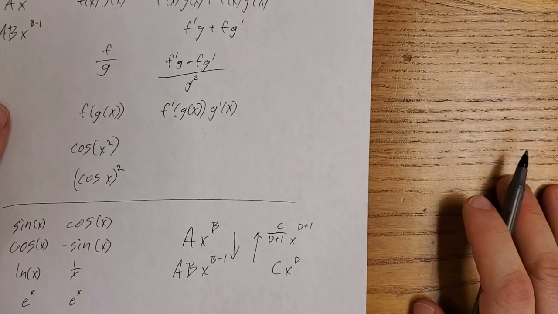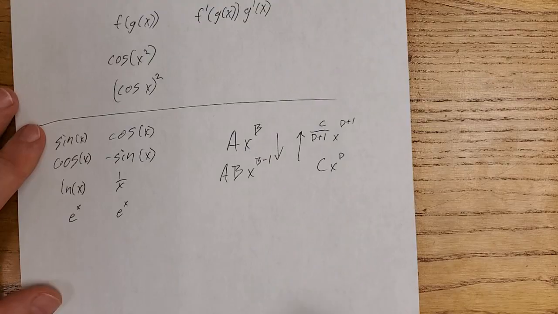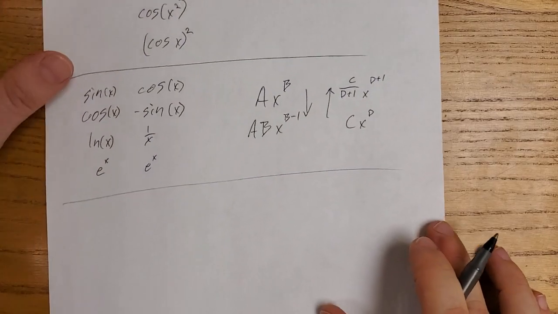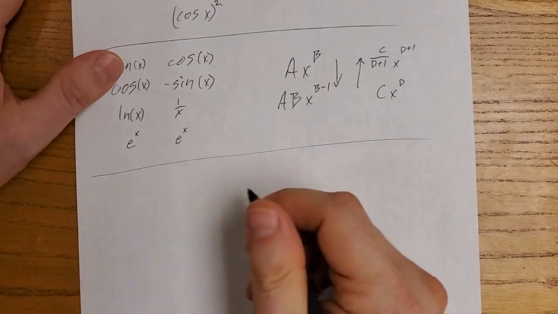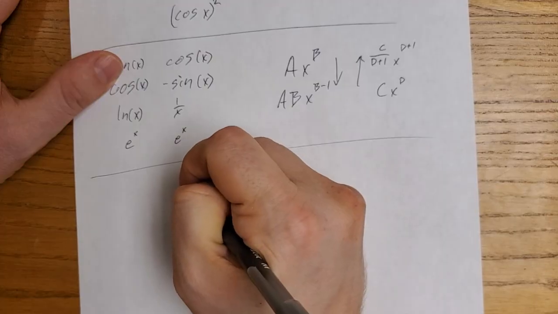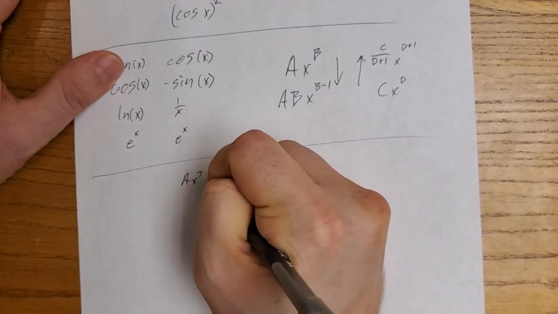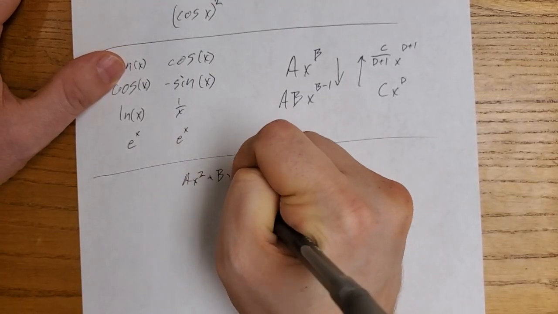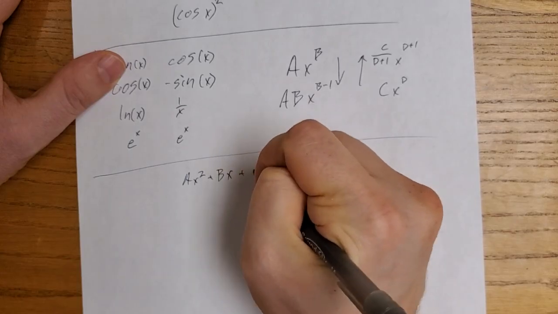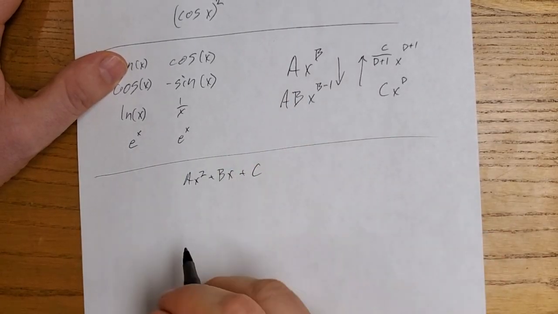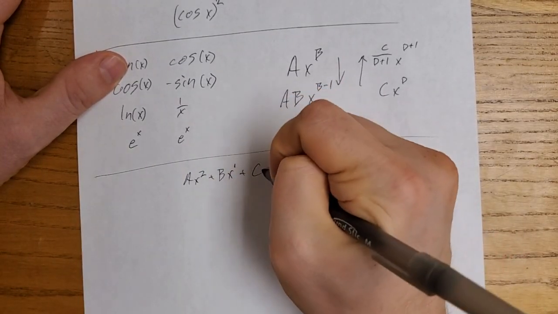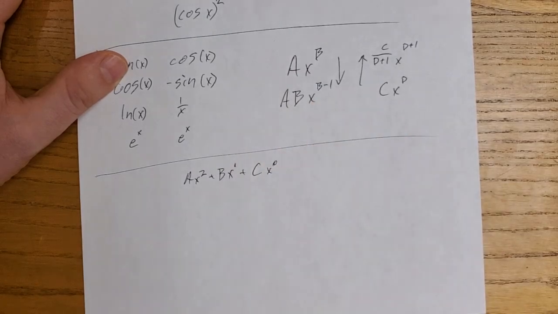And then in a general sense, if you have something times x squared, and something times x, and something without an x, that's like an x to the 1, and that's like an x to the 0, right?